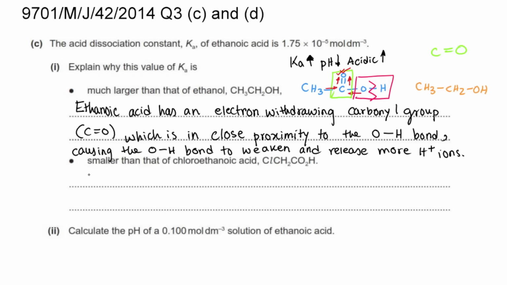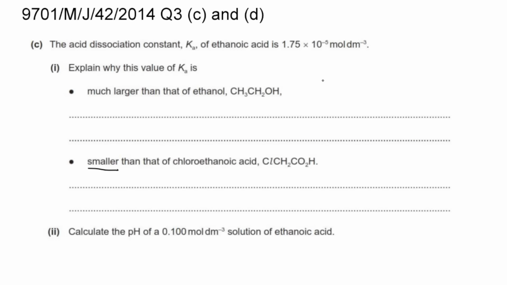Moving on to the second part, they ask us why the acid dissociation constant value of ethanoic acid is much smaller than that of chloroethanoic acid. Here we are dealing with an example where both of the compounds we are comparing are acids. So let's draw ethanoic acid again, and let's draw chloroethanoic acid.